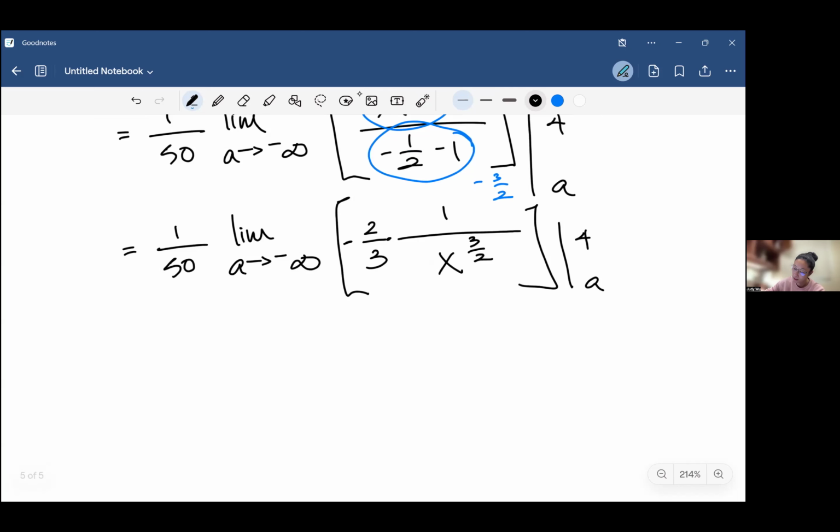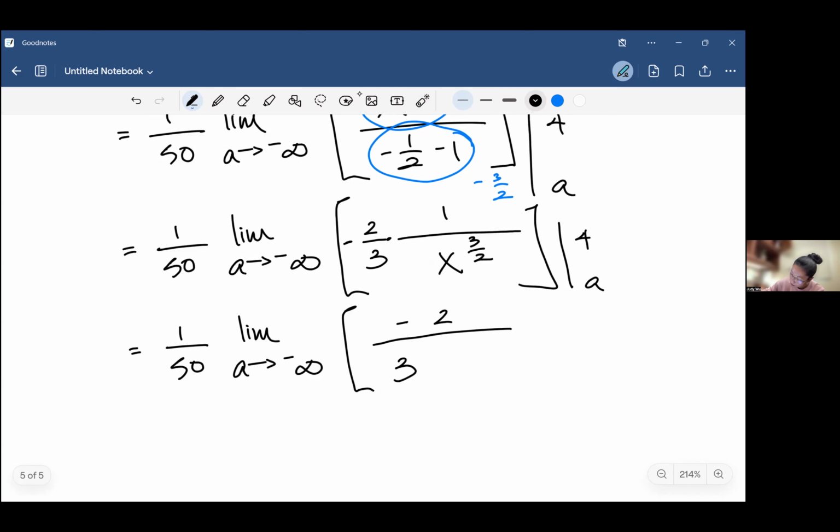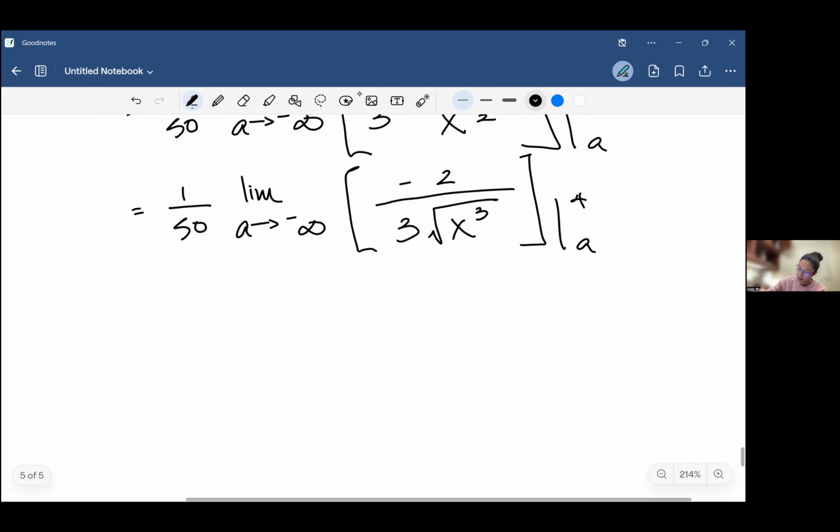Okay. So let's clean this up a little bit more, and then we're going to go ahead and plug in our bounds. So 1 over 50, the limit as a approaches negative infinity of negative 2 over 3 times the square root of x cubed. We're going to plug in 4, and we're going to plug in a. All right.